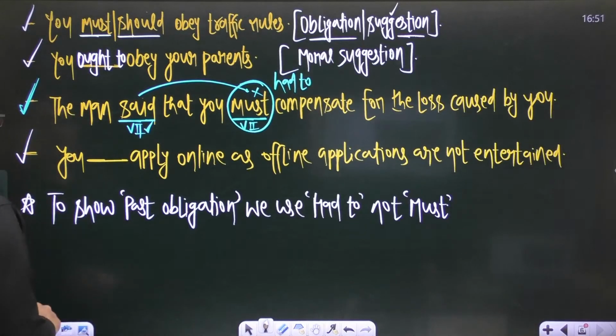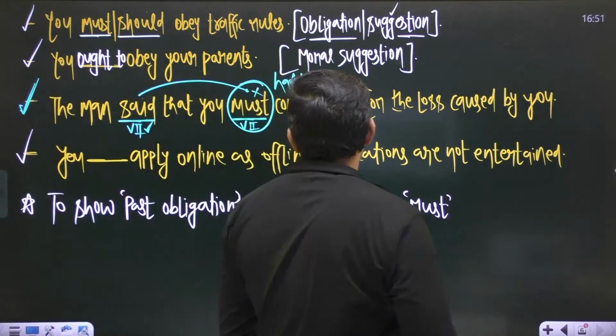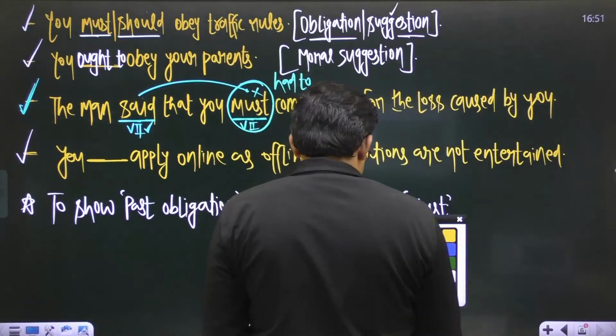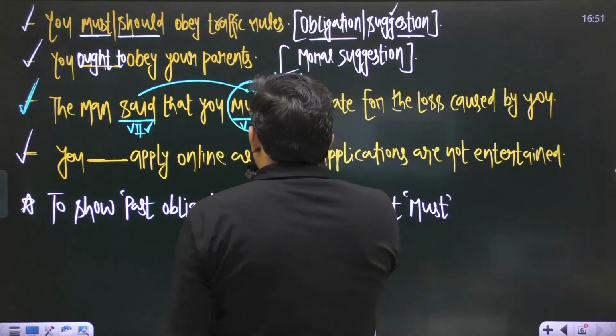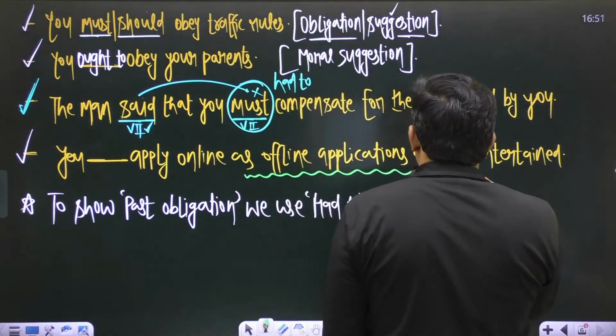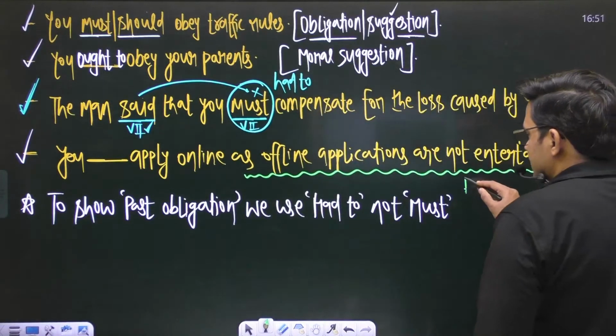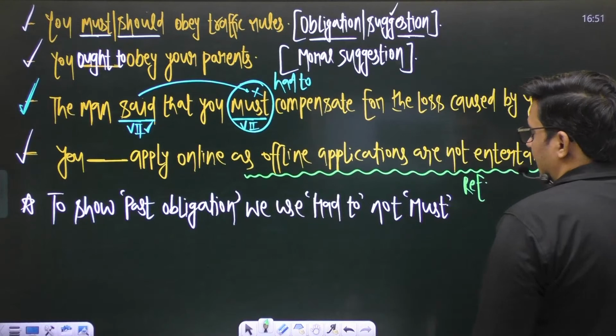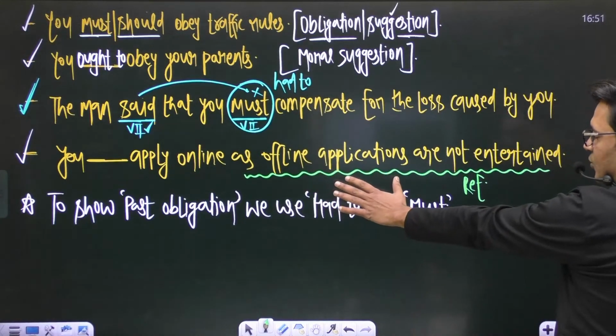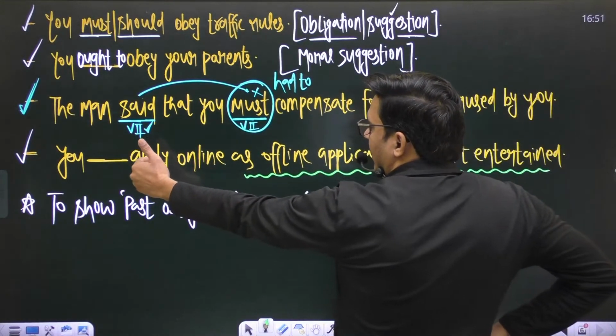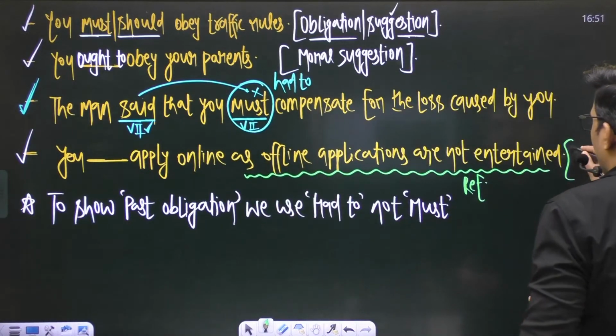And in the next sentence, you blank apply online, and the reference is that offline applications are not entertained. As offline applications are not entertained, that's why to apply online is your obligation.